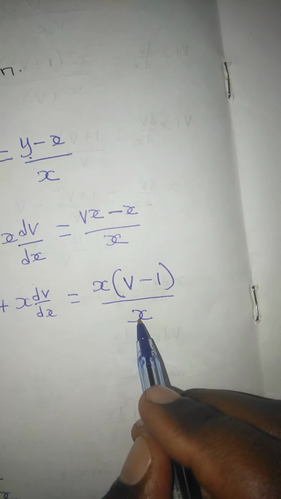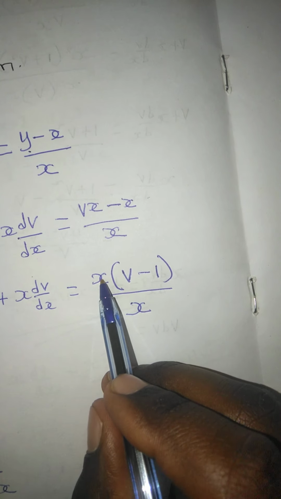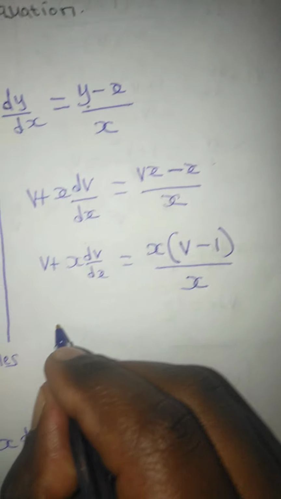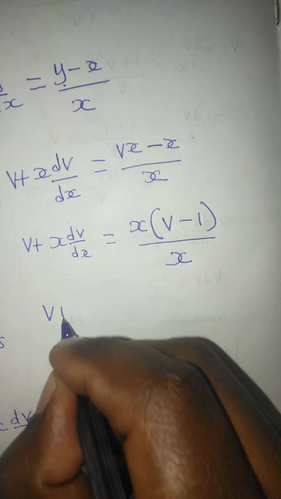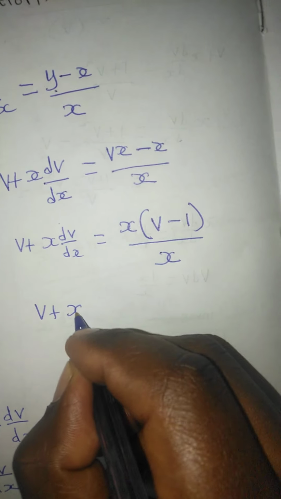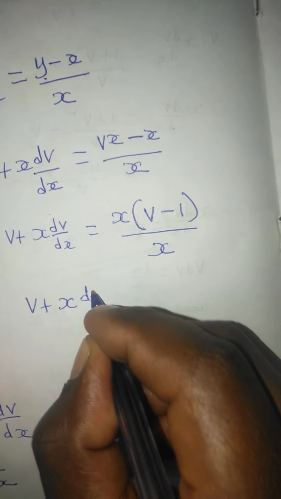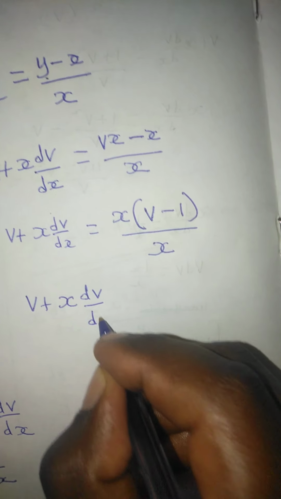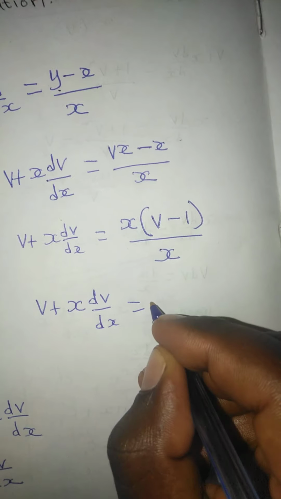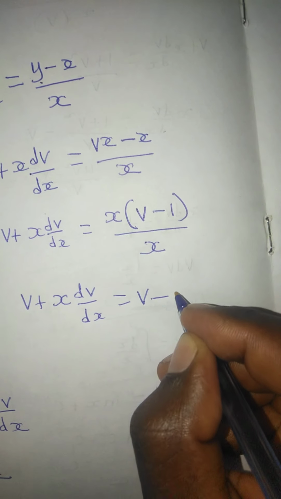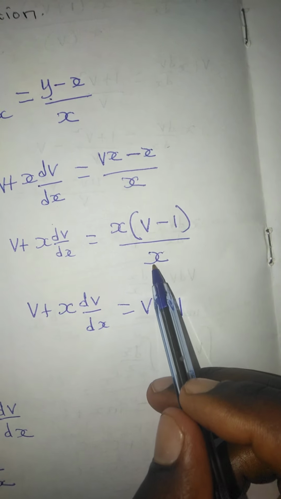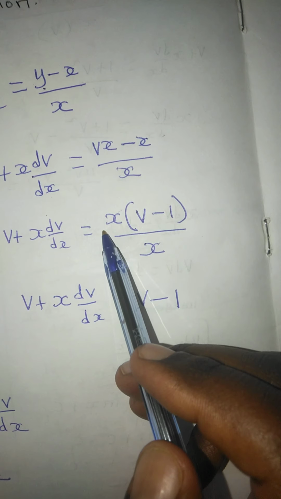So from here, this x will cancel with the other x, and we will remain with v plus x dv over dx is equal to v minus 1, whereby this x will cancel with the other x.